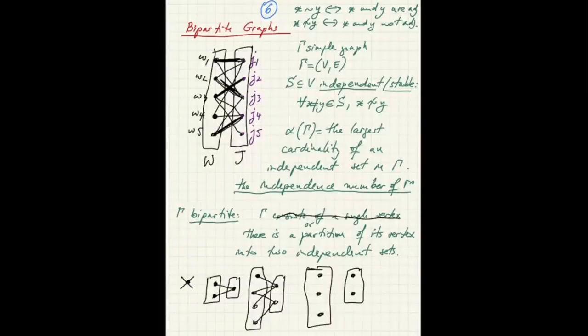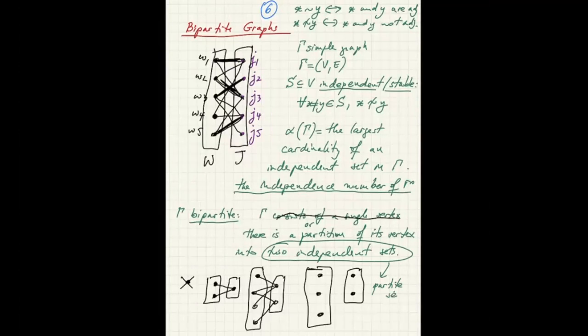Okay, just one more definition. A complete bipartite graph. Well, before we get to this one, these 2 independent sets are sometimes called partite sets.